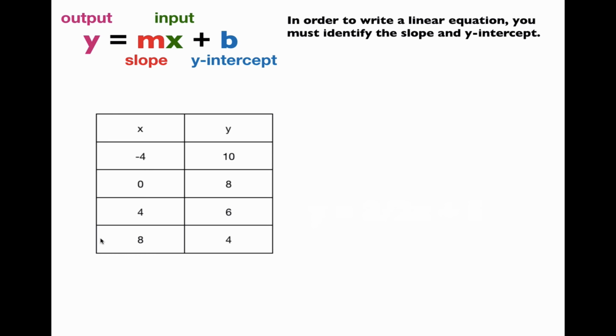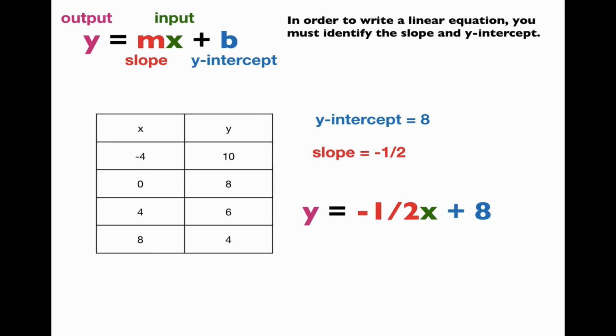The y-intercept here, where x equals 0, if our input is 0, the output must be our y-intercept, so the y-intercept here is 8. So if the y-intercept is 8 and the slope is -1/2, we can write our equation: y equals -1/2 x plus 8. That seems simple enough and pretty straightforward.